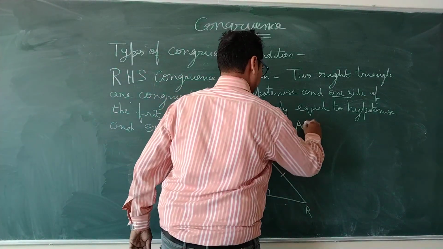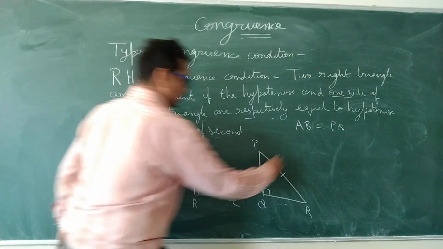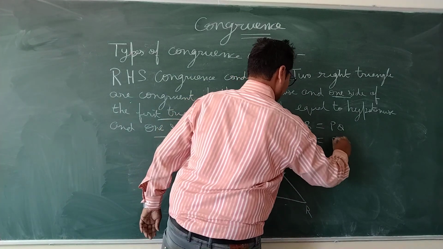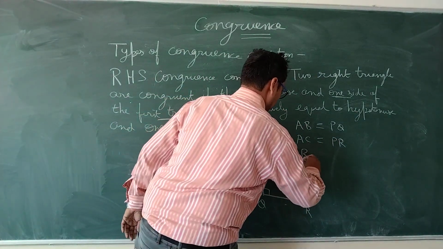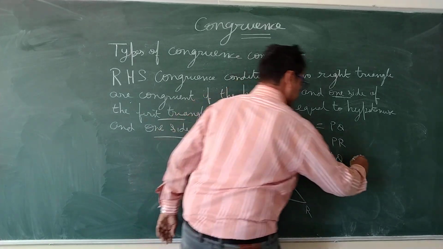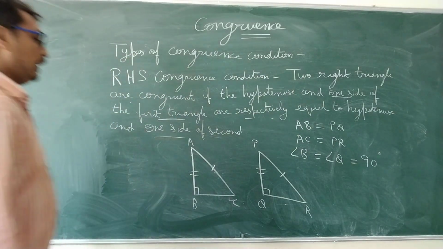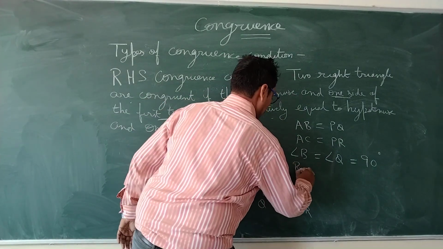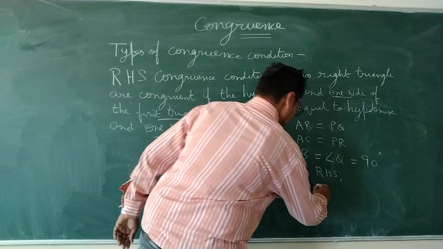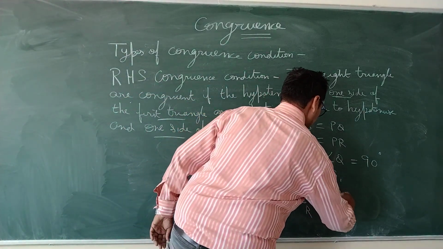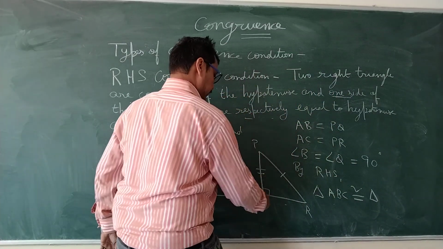Here AB is equal to PQ, AC is equal to PR, and angle B is equal to angle Q, which is 90 degrees. So by RHS we can say triangle ABC is congruent to triangle PQR.